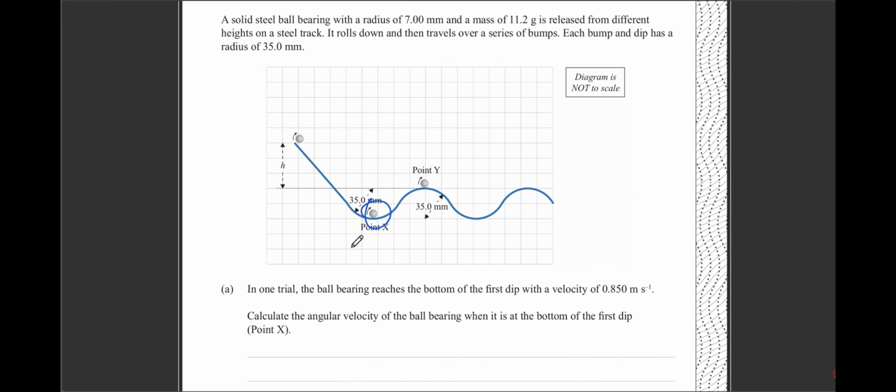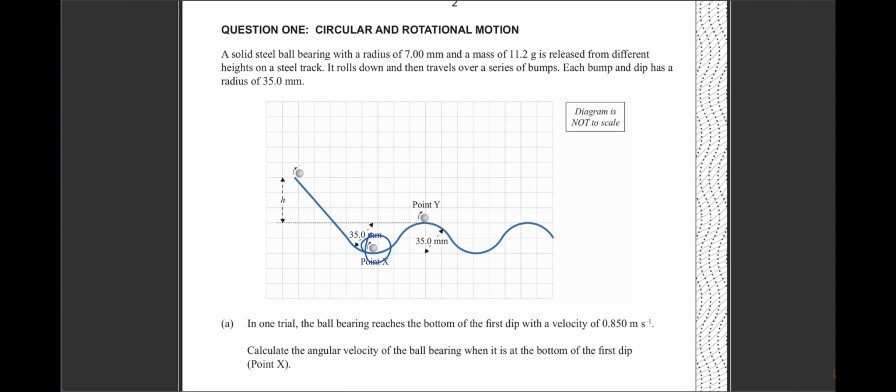But before I start, I'm just going to do some unit conversions here. So we have that the radius is going to be 7 millimeters or 7 over 1,000 meters. And then we have that the mass, m, is going to be 11.2 over 1,000 kg. And the radius.